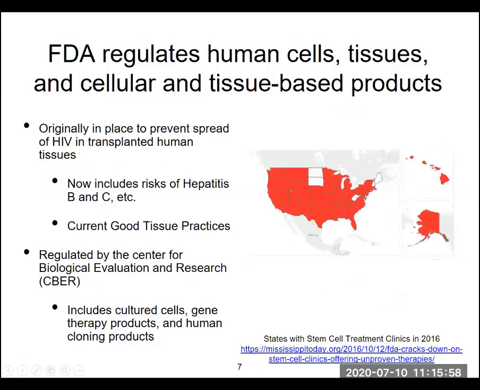Okay, so if we take a look at this, the Food and Drug Administration, as we said, regulates human cells, tissues, and cell and tissue-based products. And originally that was because of fears of contamination of these biological products. And so again, in the 1980s, there was a lot of fear about the virus associated with AIDS, HIV, being in the blood supply and potentially causing the transmission of disease through a blood transfusion.